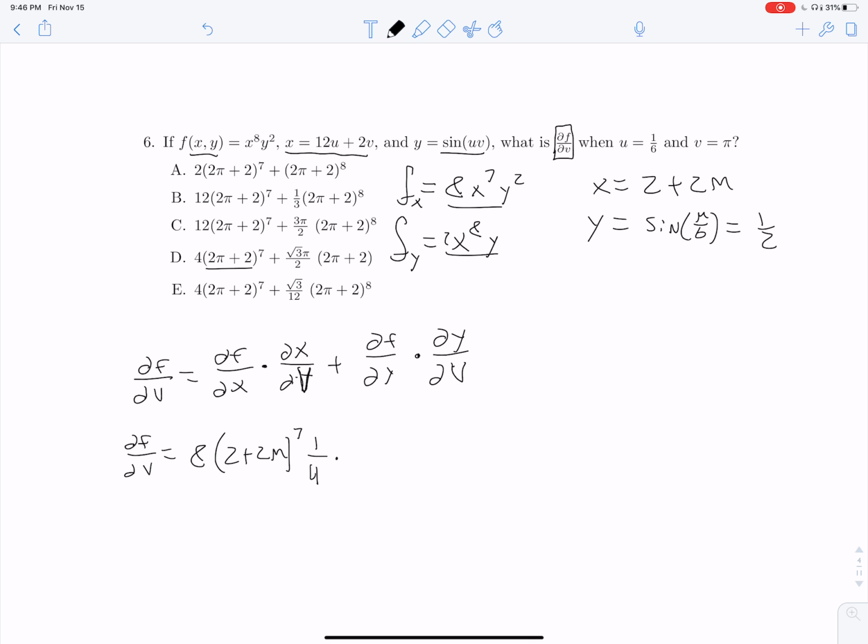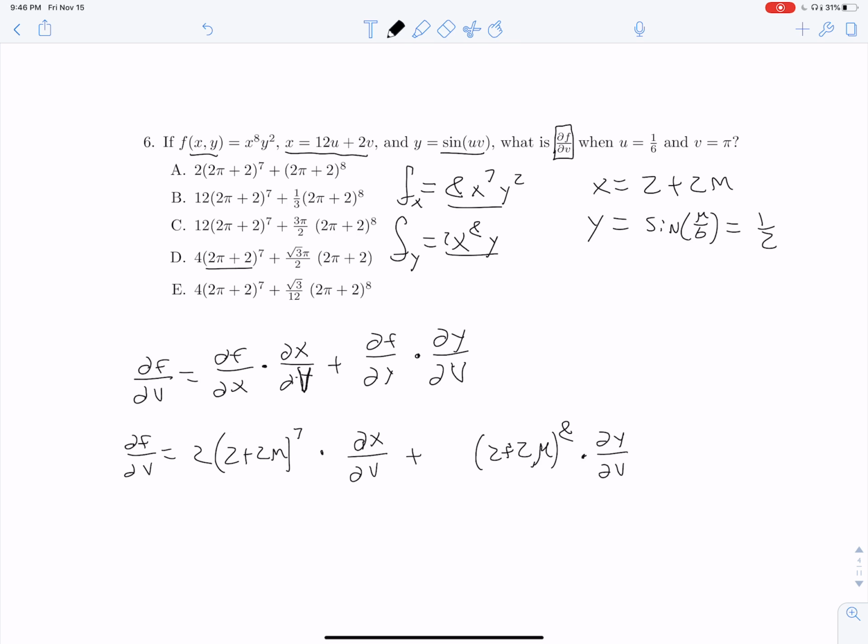And then this is still multiplied by partial x partial v, and then we are adding f_y, which is going to be 2 times 2 plus 2 pi to the 8th times 1/2. So cleaning everything up a little bit, this is going to be 2, and this is going to be a 1. And we're still multiplying this by partial y partial v.